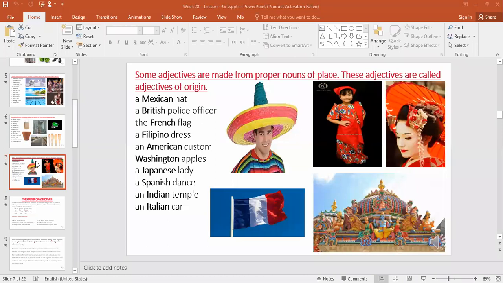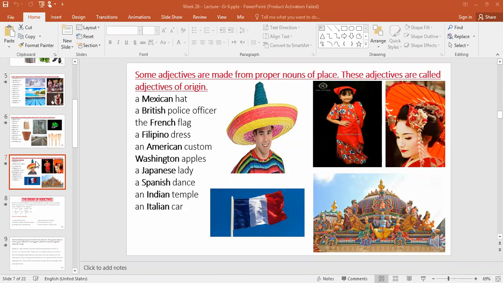The last kind of adjectives, which you have already explained, is the adjectives of origin. The adjectives of origin tell us the origin of something, for example, where this thing is from.